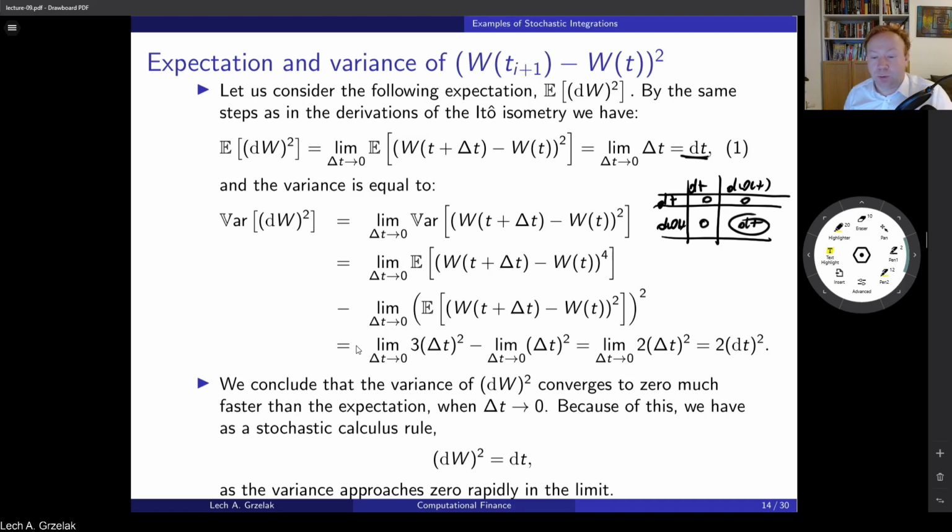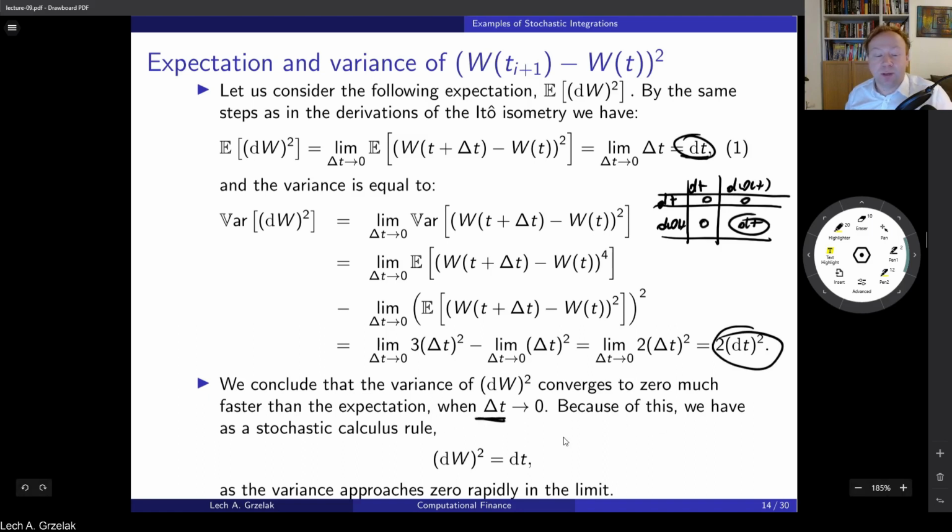And if you do a little bit of algebra, you can find out that the variance in the limit is basically 2 times dt squared. From this result, we have a dt here and a 2 times dt squared, so we can conclude that the variance converges to 0 much faster than the expectation when dt goes to 0.